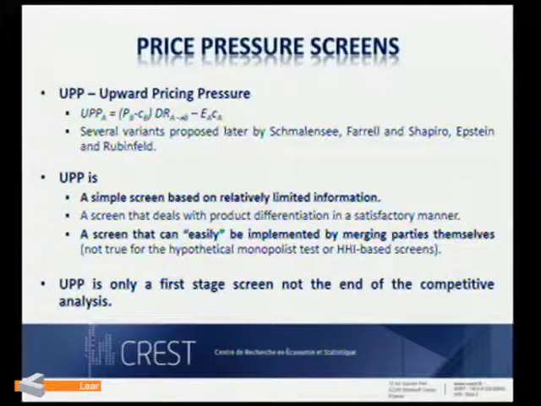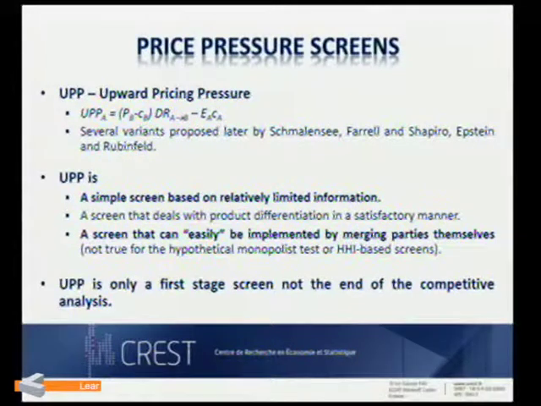If you have here the simple formula, upward pricing pressure, the basic version that was initially proposed by Joe and Carl Shapiro is this small formula here, where what you care about is the margin on the merging products, the diversion ratios between the products from the different parties, and possibly some cost efficiencies that you are adding to the model.